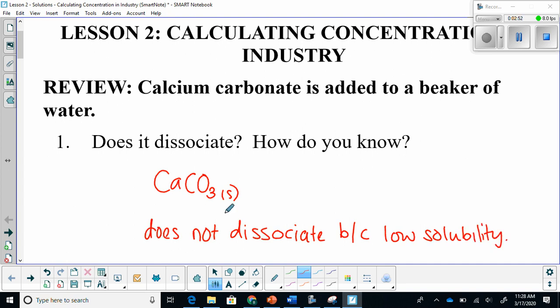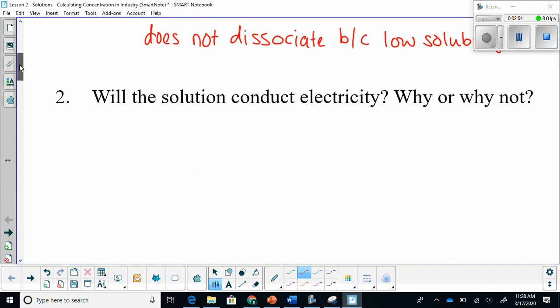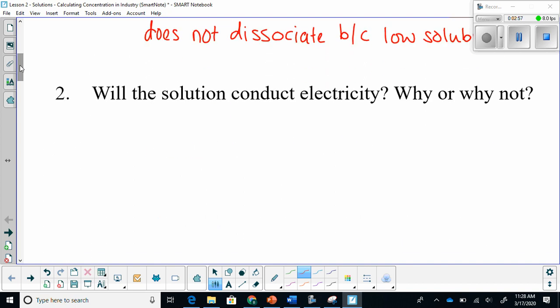All right, let's take a look at the next question. Will the solution conduct electricity? Think to yourself, ions need to be formed for something to conduct electricity. And for it to form ions, you need to have a high solubility in water.